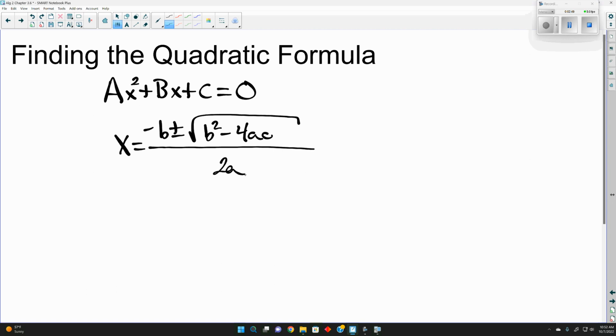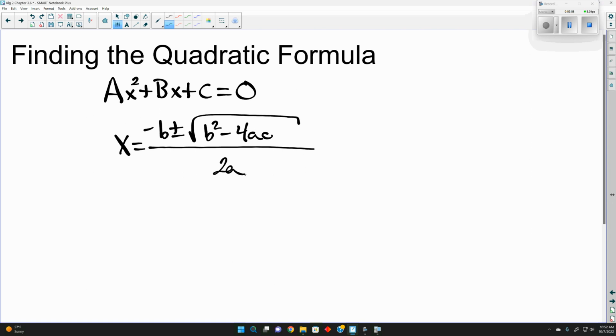That is the quadratic formula, for any value of a, b, and c, where a is not equal to 0. a has to be different from 0.